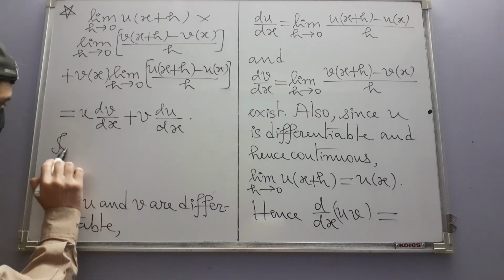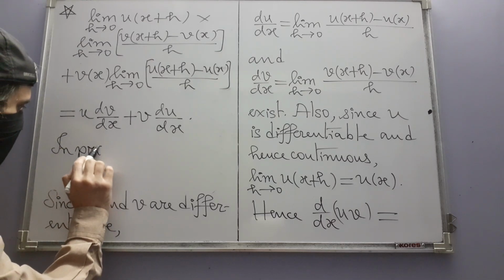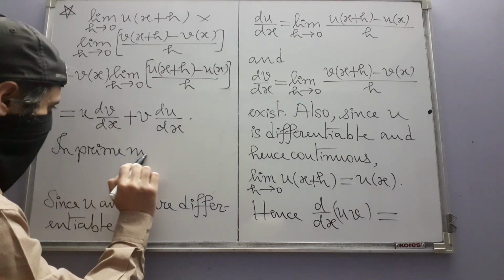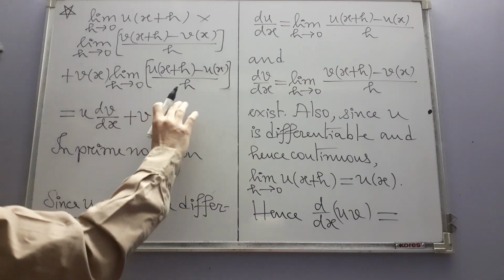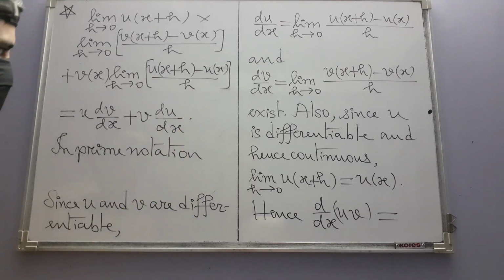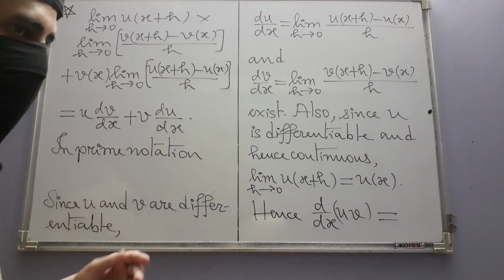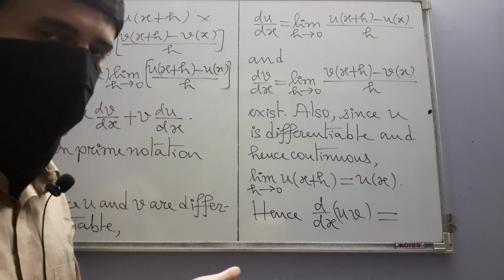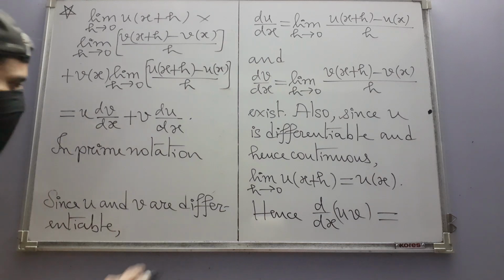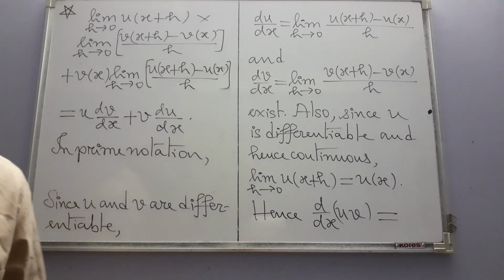In prime notation, recall that this is not the only way to write the derivative of a function. We can also write, in place of du dx, we can write u prime. So that's the prime notation. In prime notation, the product rule looks like this.